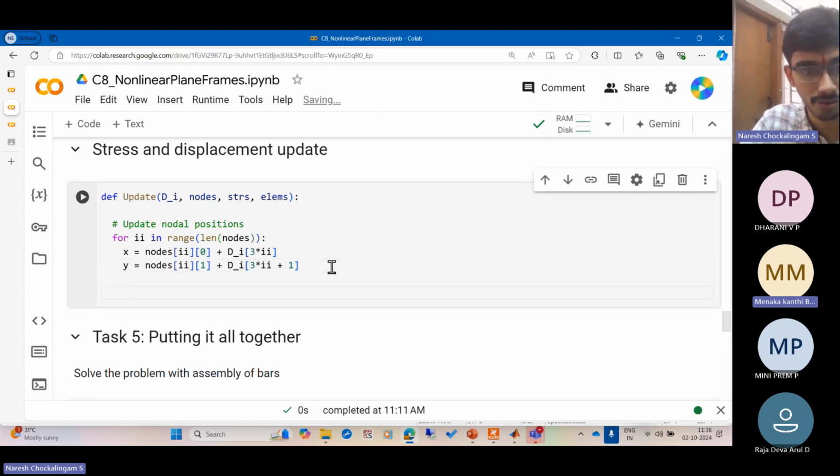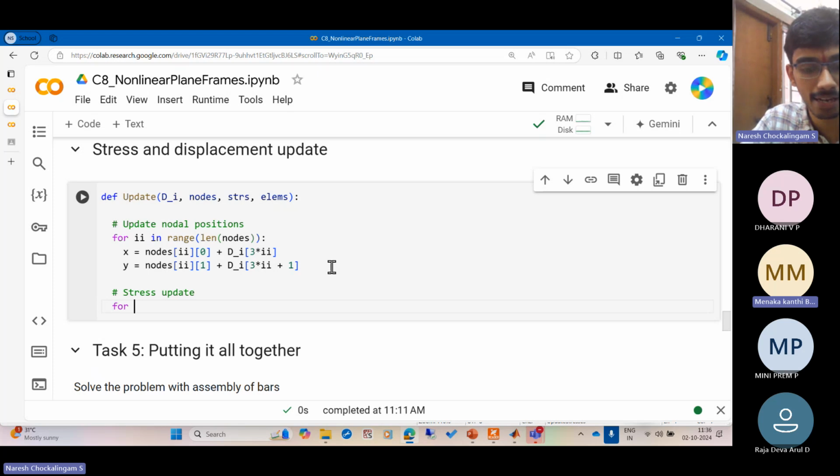Then what do we do? Then we have the stress update. So here we have to loop over elements, for ii in range len LMs.